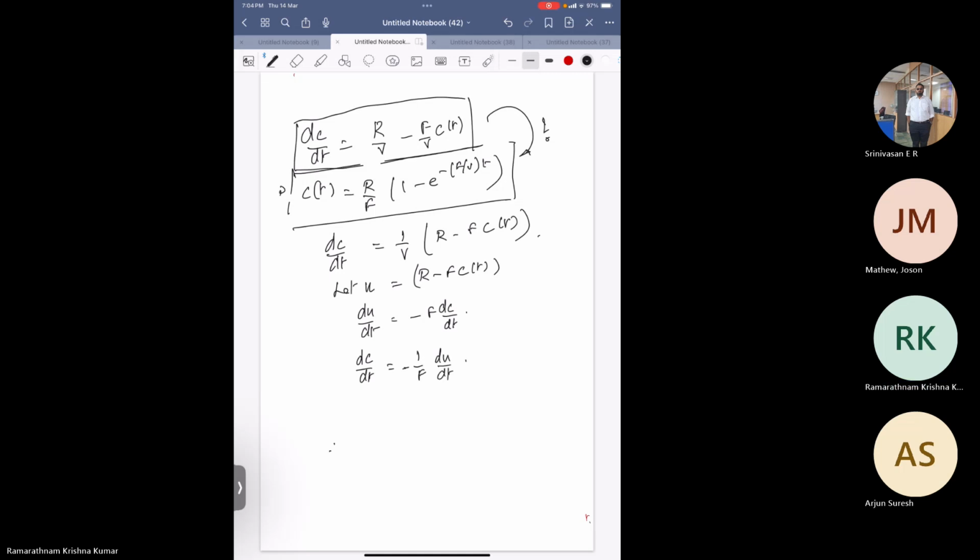I didn't get the 1 by F part. I'm taking this to this side; when I take it to that side, it will become 1 by F. Yeah, now got it. Okay.